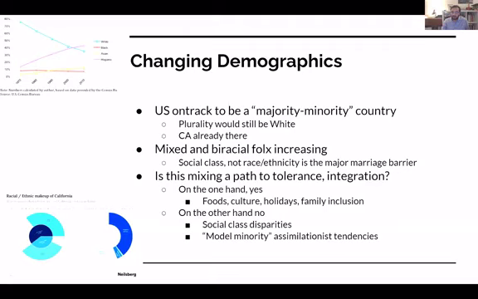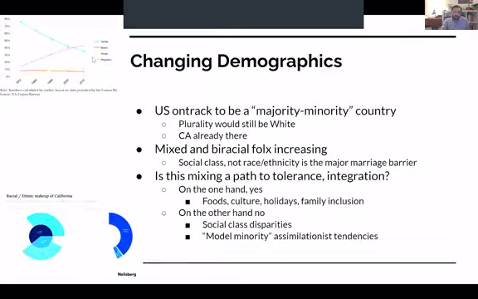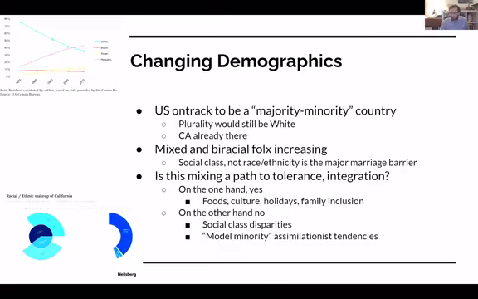In fact, we are a majority and plurality minority state because Latino folks are the largest ethnic group, as you can see in this graph, as of even 2010, and that disparity has only grown. That has a major impact on the ways that everything from government policy to people's popular attitudes shifts over time.